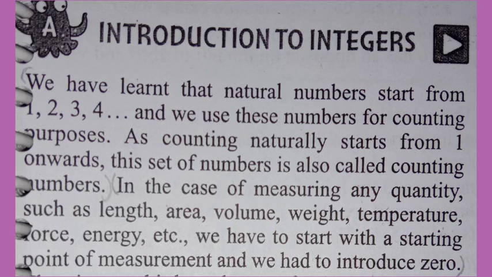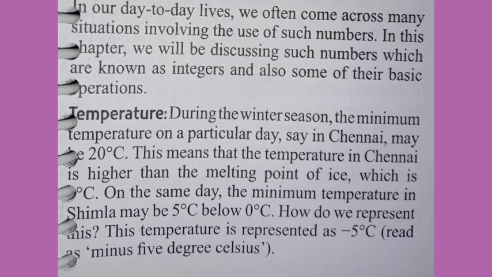In the case of measuring any quantity such as length, area, volume, weight, temperature, force, energy, etc., we have to start with the starting point of measurement, and we had to introduce 0. In our day-to-day lives, we often come across many situations involving the use of such numbers. In this chapter, we will be discussing such numbers, which are known as integers, and also some of their basic operations.